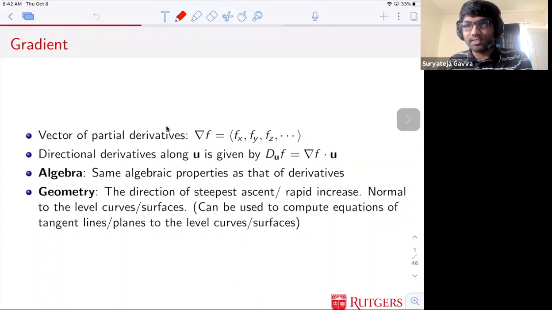At any point in space, you compute the derivatives, and using those derivatives you make a vector. That vector is called the gradient vector, written as del f or nabla f, or the gradient of f.